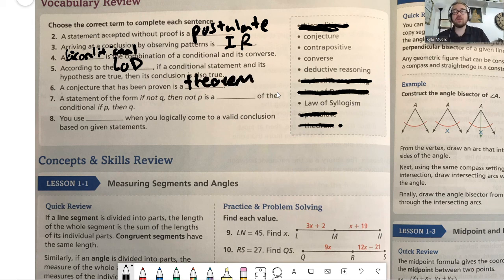A statement of the form if not Q, then not P is a blank of the conditional if P, then Q. When you say if P, then Q, that means if blank, then blankety blank. So if you look, they switched the letters.